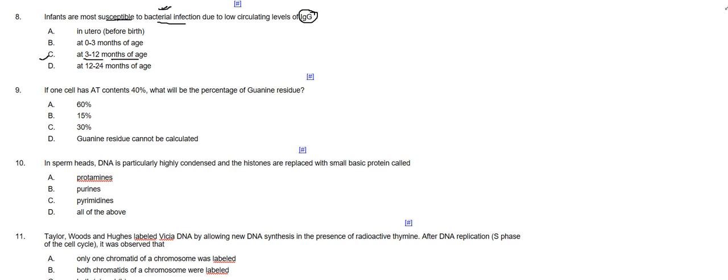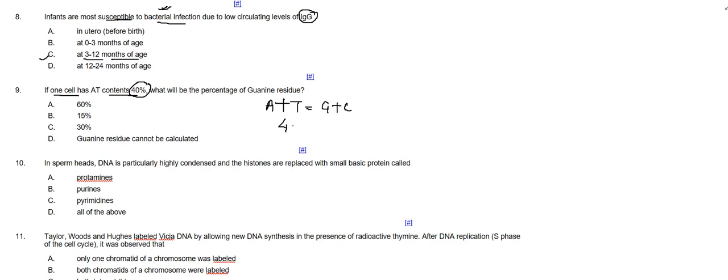Next, number 9. If one cell has AT content of 40%, what will be the percentage of guanine residue? So we know total A plus T is equal to G plus C in proportion.